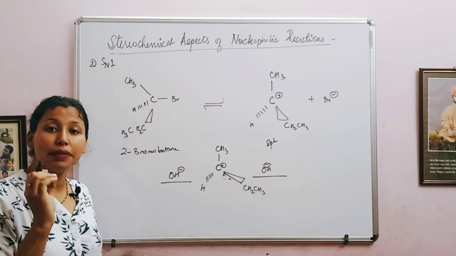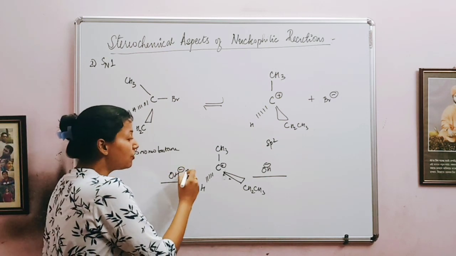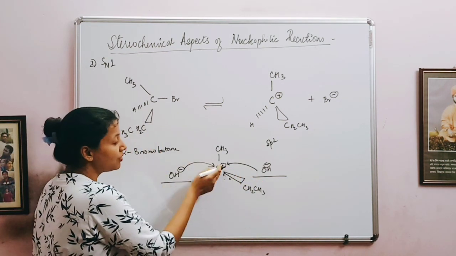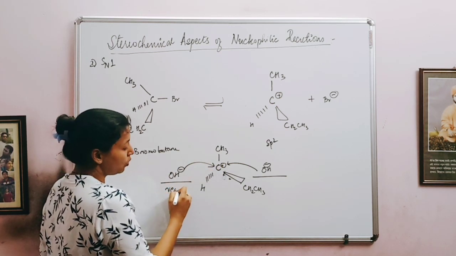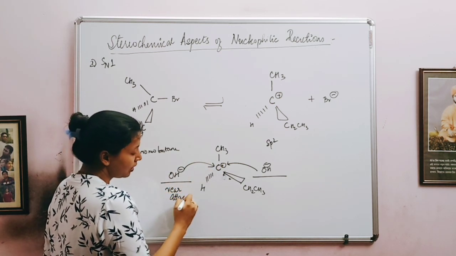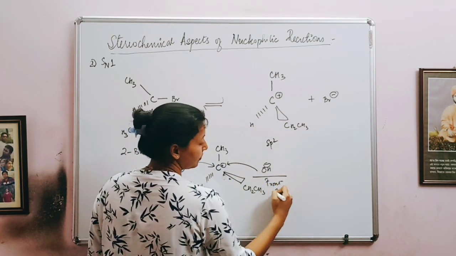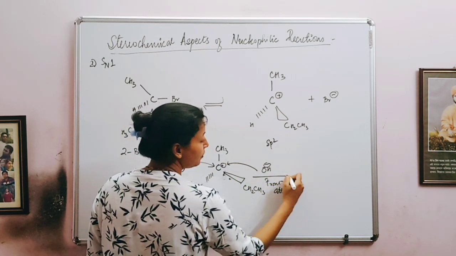Since this is a planar molecule, the nucleophile can attack from both sides. If it attacks from this side, this will be called rear attack. And if it attacks from this side, it will be called front attack.